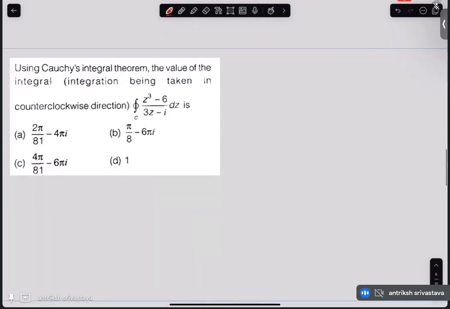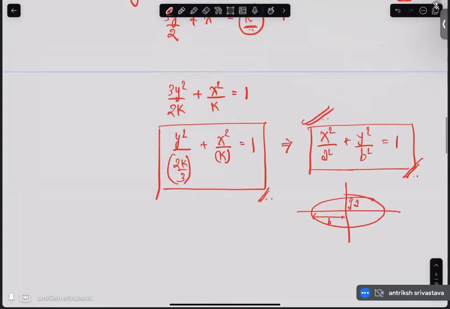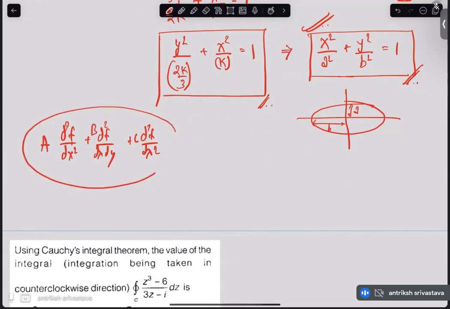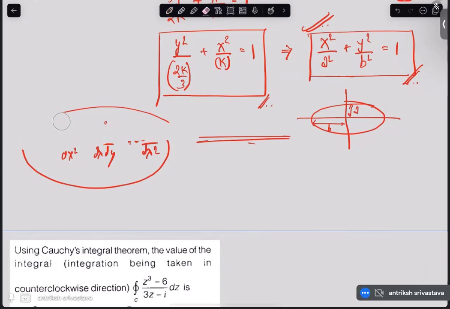If you try, you will not be successful, because that expression has d2f by dx squared, d2f by dx dy, d2f by dy squared, with coefficients A, B, C. These terms are not even in this equation, so it won't be helpful.